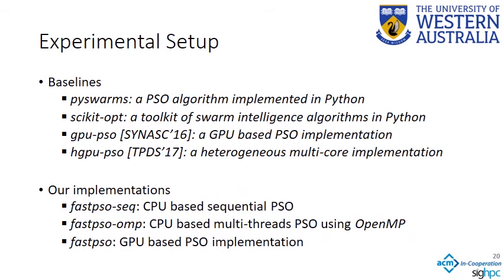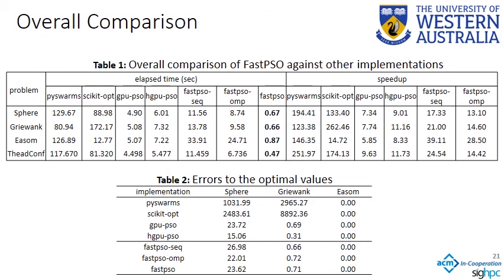So we have four baselines. Two are on CPUs and the other two are on GPUs, and we implement our algorithm using a sequential version on CPU, and also an OpenMP version running on CPUs, and the last one is on the GPU. So this is the overall comparison.